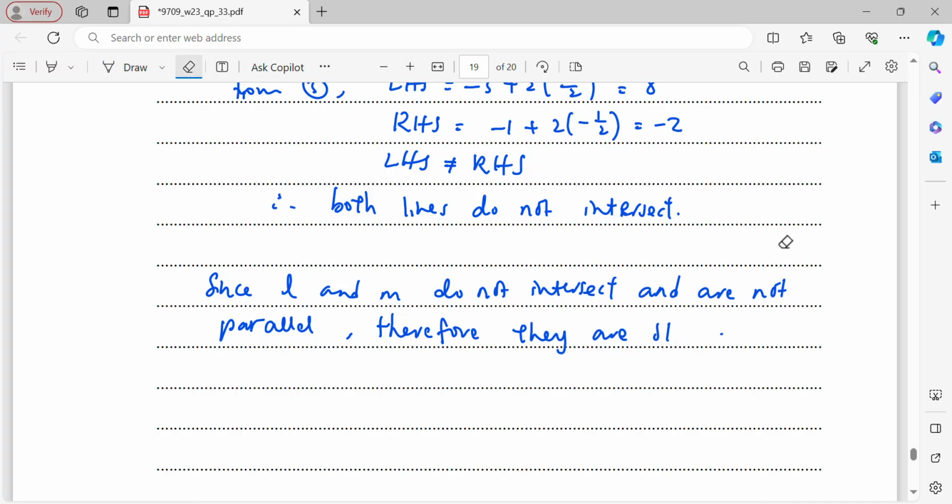Okay, so that's the conclusion for these two lines.